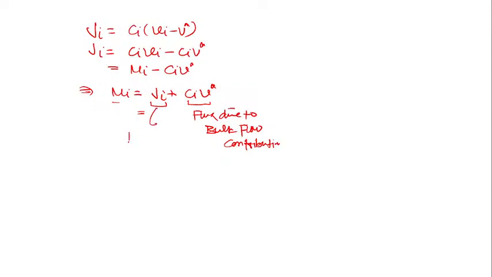And this is the flux due to difference in concentration, because of the individual characteristic of the species.